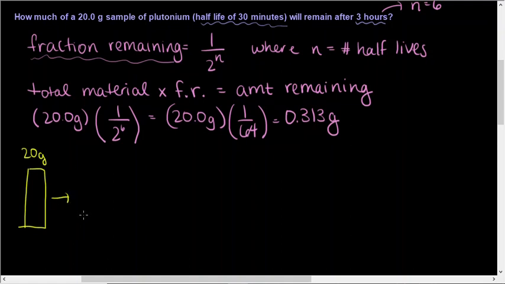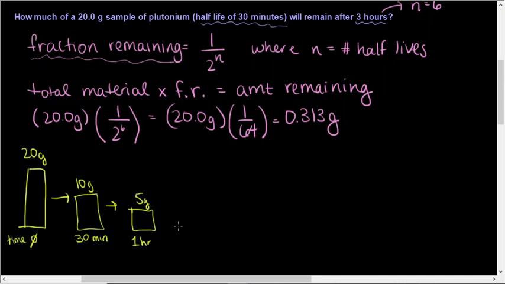This is time 0, when we start. After 30 minutes, we've got half of it left, 10 grams. Then we continue on. Half of that would be 5 grams after 1 hour. And we'll have 2.5 grams after 1.5 hours.